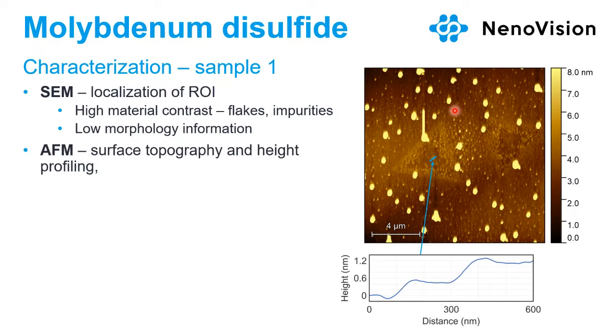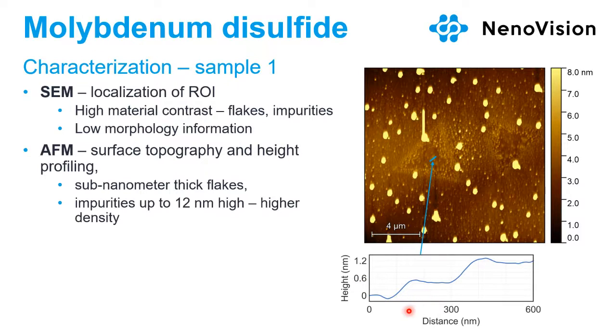If we measure it by AFM topography, we can measure the height of the flakes, the height of impurities, and we can see that the surface is much more contaminated than it looks in SEM. We can measure sub-nanometer thickness of the flakes, so we can see that it's half of a nanometer. But the impurities are 12 and more nanometers high.